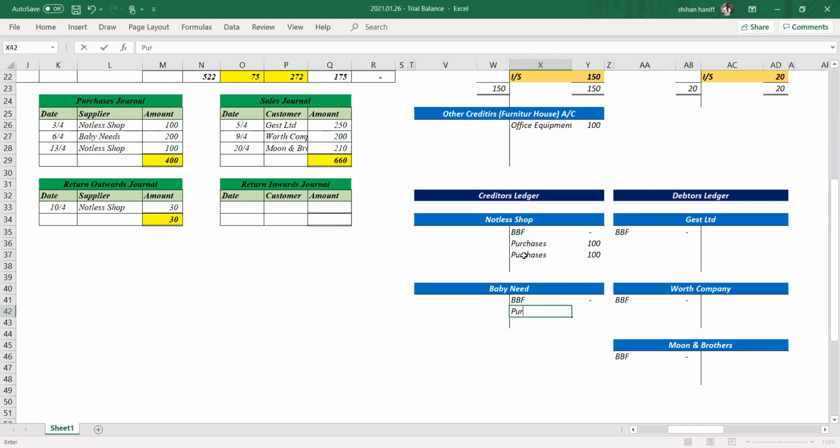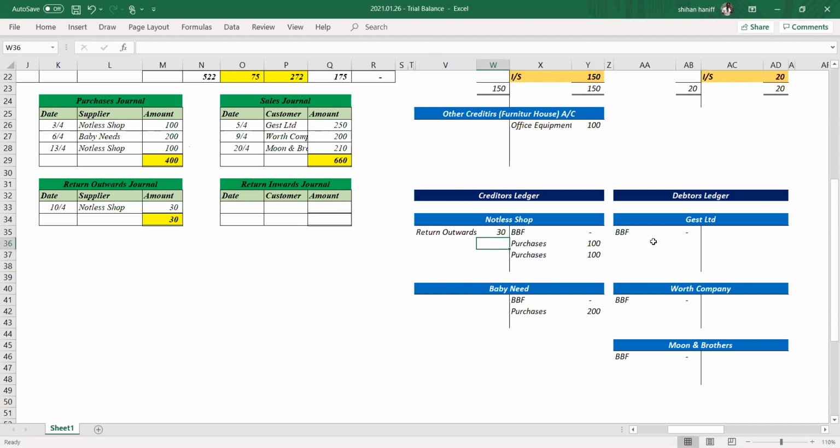Baby Needs purchases 200, and there is a return outwards for Not Plus Shop 30. This is from the purchases journal and the return outwards journal.